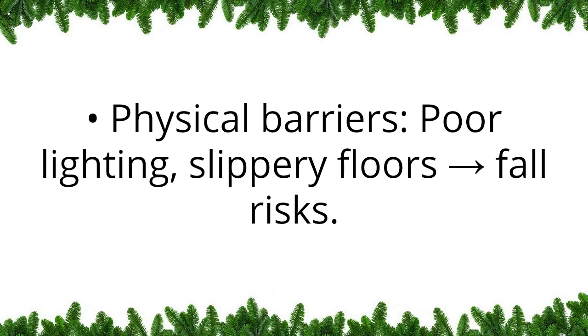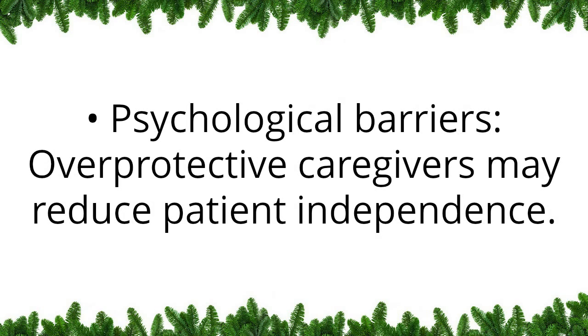Then apart from that are the psychological barriers. Let's say you have overprotective caregivers. If we have overprotective caregivers, they may reduce independence of the elder client, for that client to be able to do things by themselves.